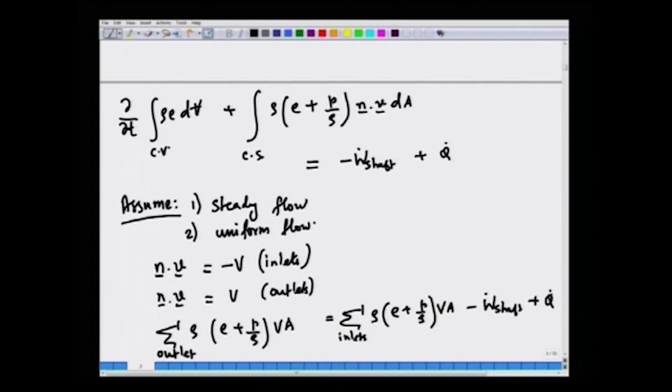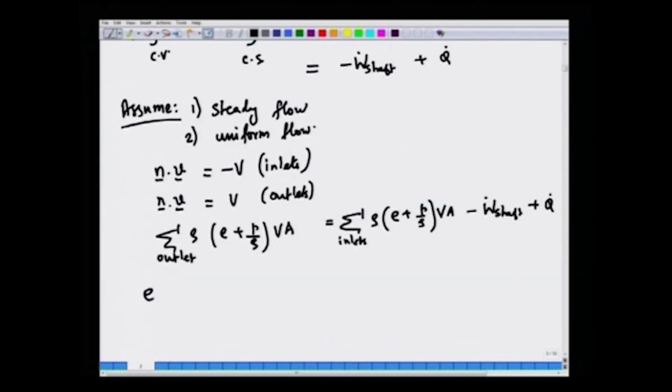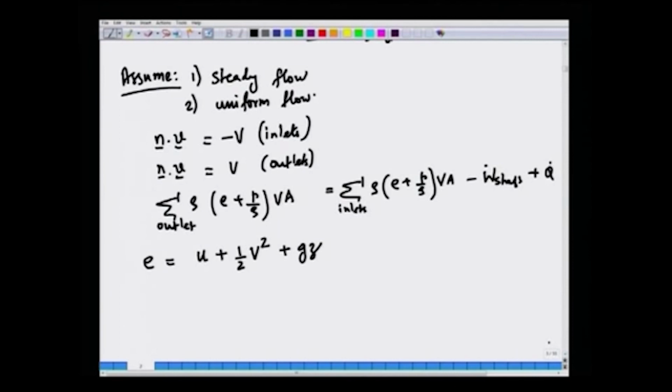Okay. So, you remember that the specific total energy per unit mass is the internal energy per unit mass plus the kinetic energy per unit mass plus the potential energy per unit mass. So, E is u plus half V squared plus gz. That is something that we should keep at the back of our mind.